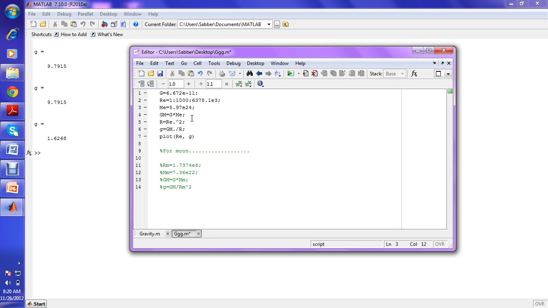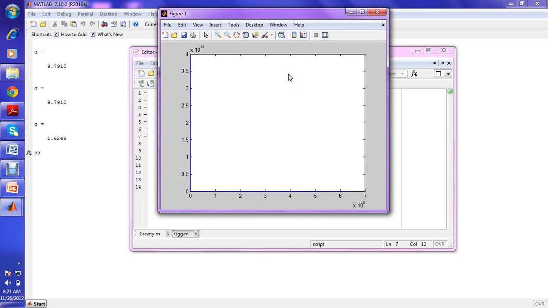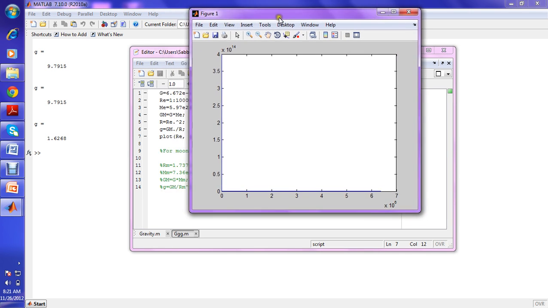So we want to see how g can vary with r. That means we can also calculate g from the center, at every 1 kilometer. Okay, so let's see. I hope it will be working. Yeah, it is working here.